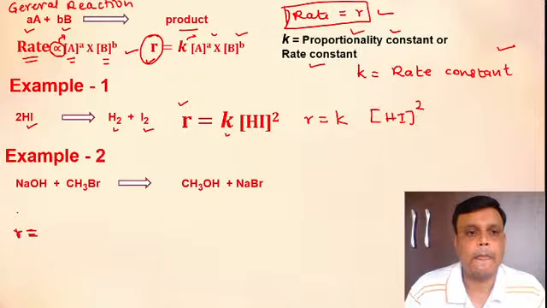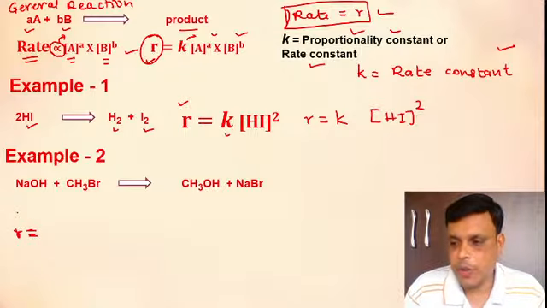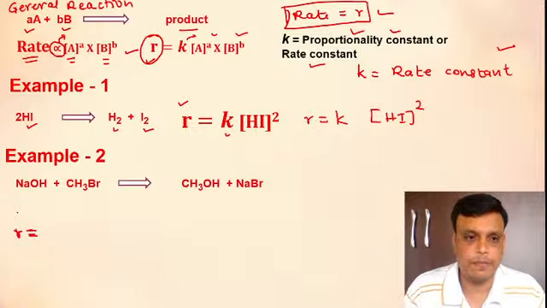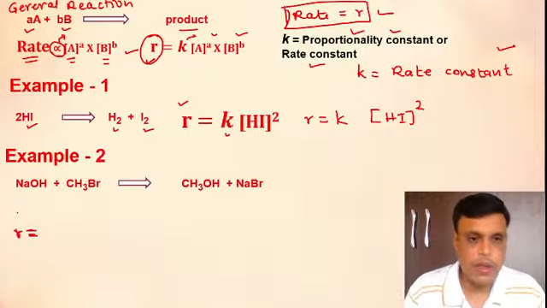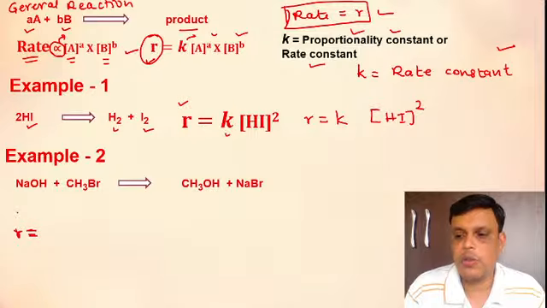Write down this, reply to me in the chat section. How will you write this rate for the reaction NaOH plus CH3Br gives you CH3OH plus NaBr, sodium hydroxide plus methyl bromide gives you methanol plus sodium bromide?